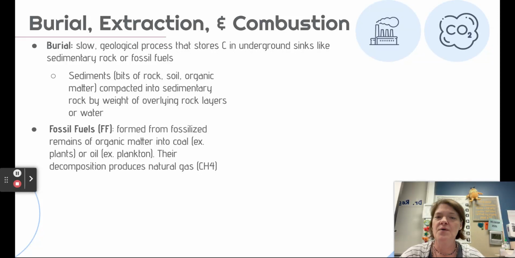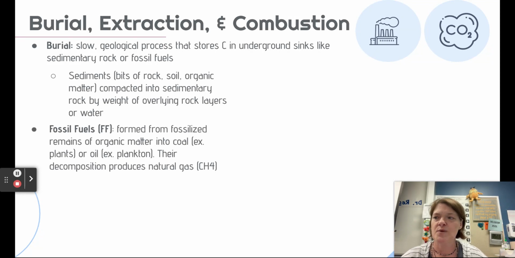And so we also have fossil fuels. These are formed from fossilized remains of organic matter. So we have plants that died back when the dinosaurs were around, or plankton that died back when the dinosaurs were around. The plankton floats to the bottom of the ocean. The plants lay on the ground, and over time, because of erosion and sedimentation, sediments build up and cover the plants and the plankton.